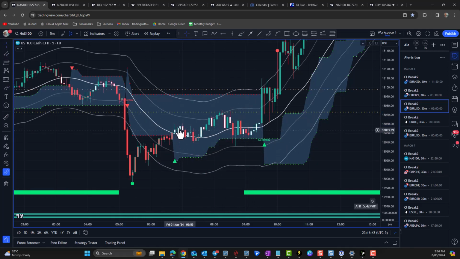This is your break, your changing character. Well, not really. This one here was a break of structure that happened up in here, so I don't call that a break of structure as such. We just call it cloud break 2, but generally that'll be a BOS, and generally this is a changing character. But like you've got the midline, you can see the break above the midline, you see green candles coming into play here, you see this starting to rotate.